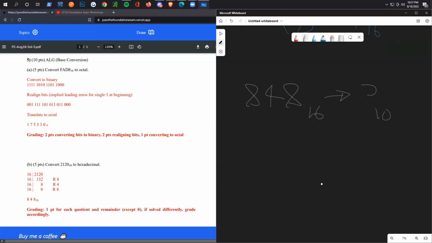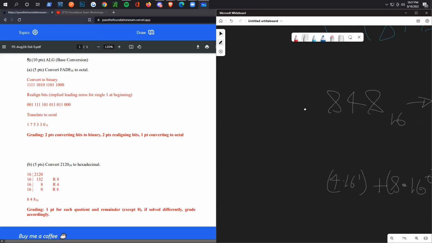So what it would look like is you do 8 times 16 to the 0 plus you do 4 times 16 to the 1 plus 8 times 16 to the 2. And this right here is going to give you 2048.